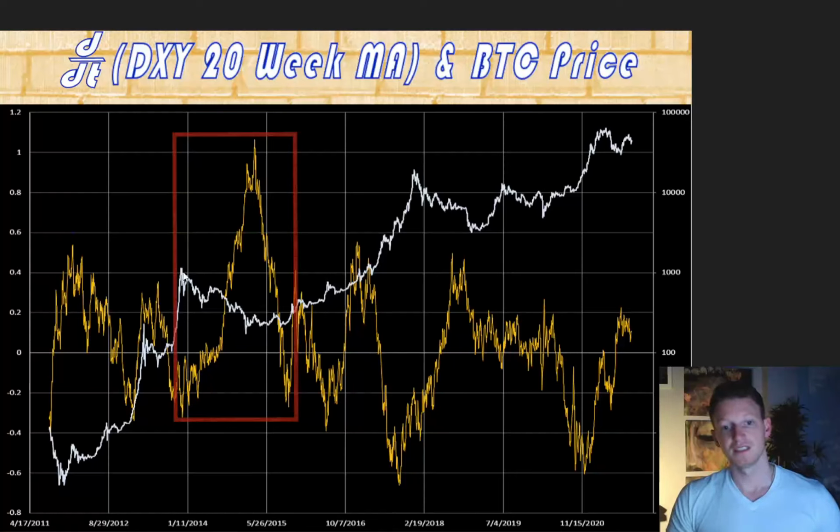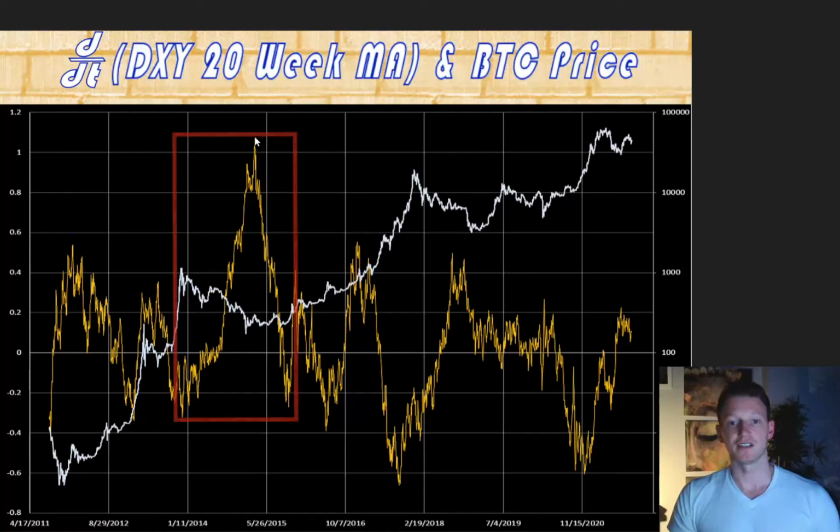DXY bottoms, it stops going down at such a quick rate and starts to come towards zero. And right when it bottoms, do you notice what happens with Bitcoin? Bitcoin hits its peak of its market cycle and begins its descent.